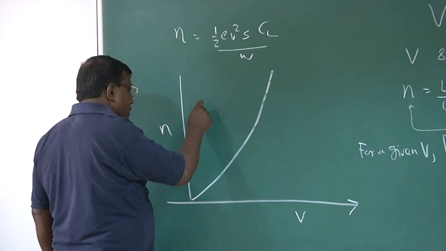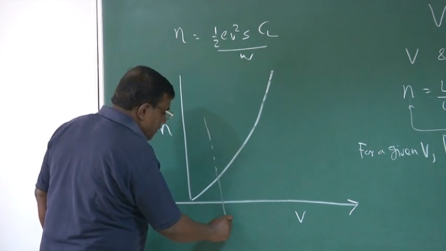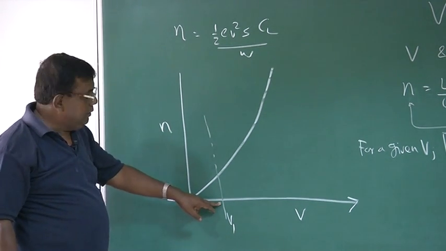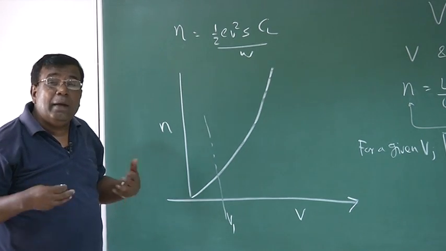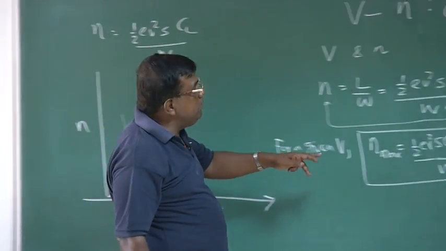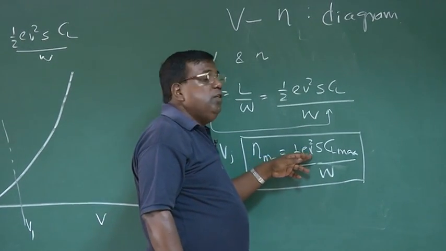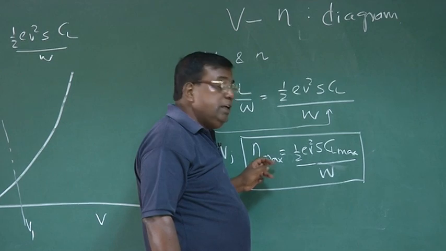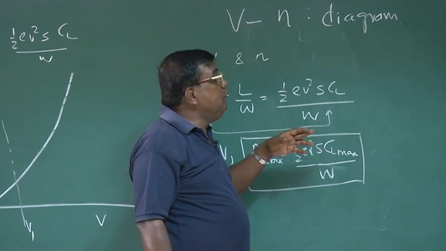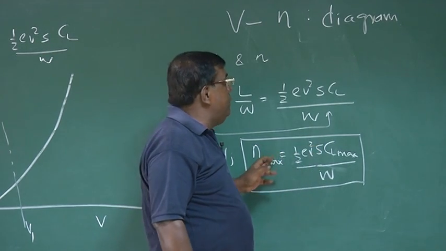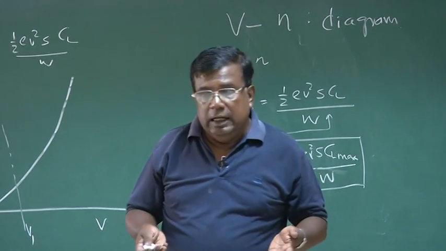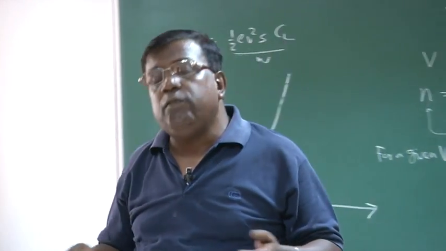Let us say I want to fly at speed V1. What is the maximum load factor I can generate? From here we have understood that at a speed V, if you want the maximum load factor, you have to ensure that CL is CL max. You cannot generate any load factor beyond N max, because after CL max the airplane will go into stall, and you are not flying in the stall.